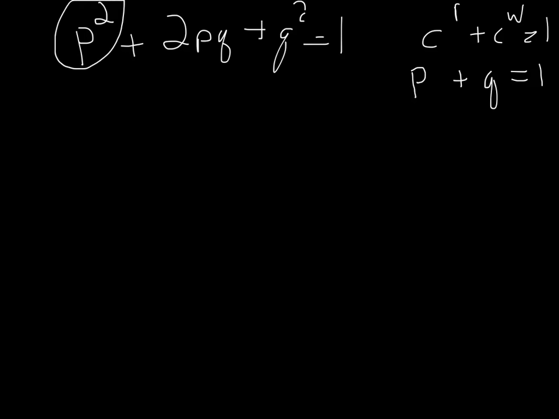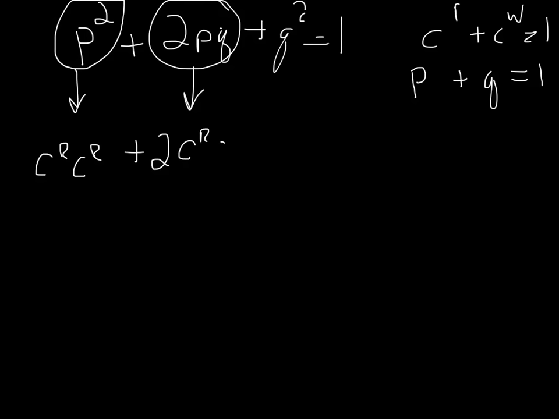This here, P squared, is going to be our CR CR. This here is going to be our heterozygous, always heterozygous, so this is going to be 2PQ, our CR CW. And this is always going to be our homozygous recessive, so this is going to be Q squared, CW CW. That's going to equal 1.